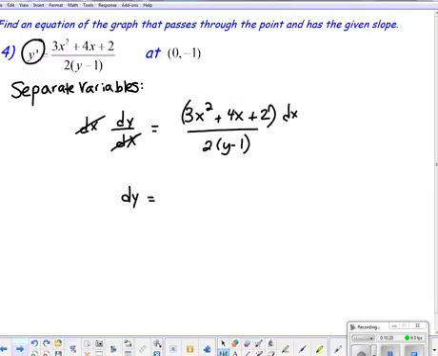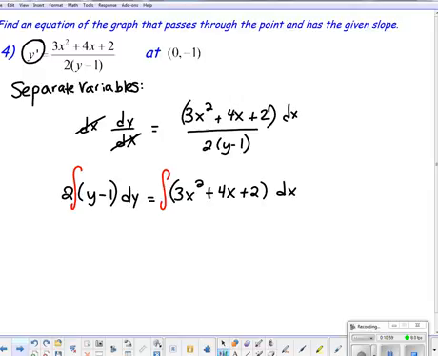Let's multiply by the 2y minus 1, and leave that there. And that's going to equal 3x squared plus 4x plus 2, all multiplied by dx. Introduce your integration.